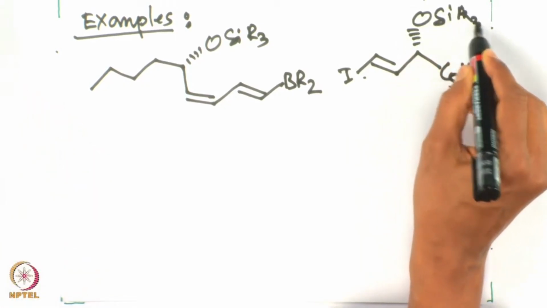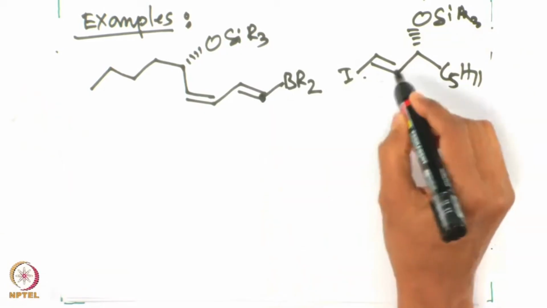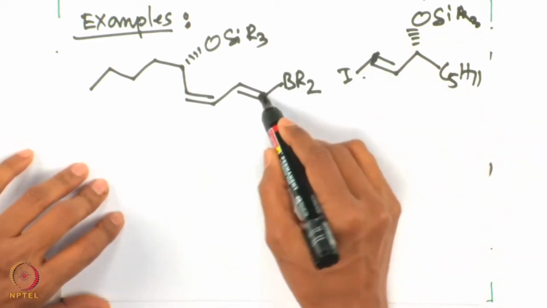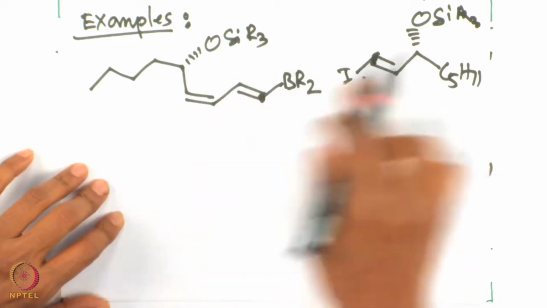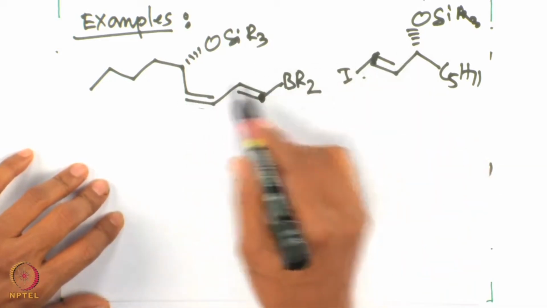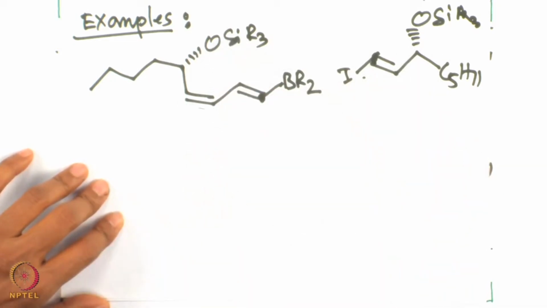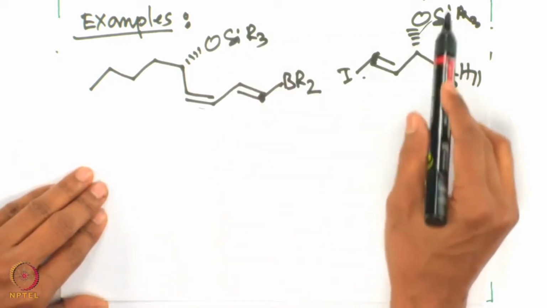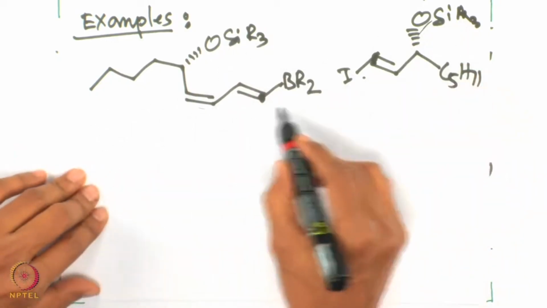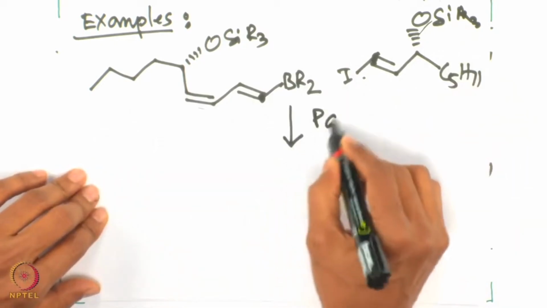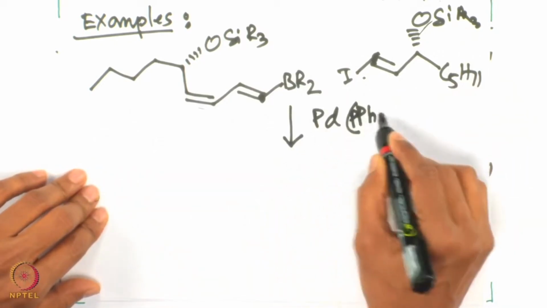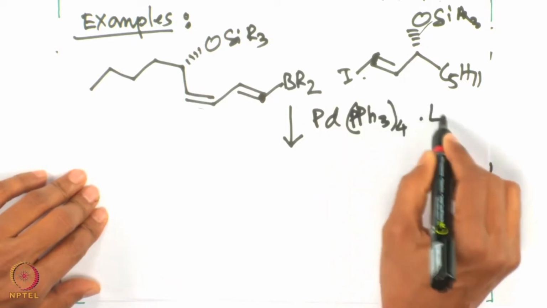Again, both the partners are sp2 carbon centers, and these are alkenyl. This is the coupling between this sp2 and this sp2, and this is also a conjugated one along with the alcohol. You have allyl alcohol as well, and over here allyl alcohol protected as well. From here on, in the presence of palladium tetrakis, you can get the desired product.